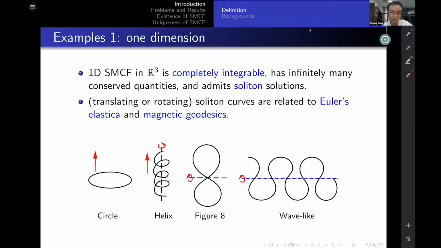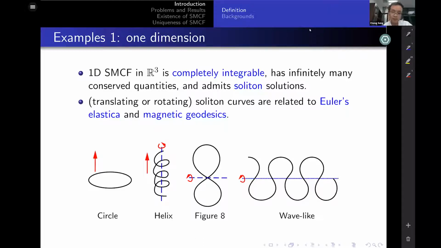The first one is a circle, which is a translating soliton, and the helix is also translating, and the other two are rotating. They will rotate along the axis. The figure 8 is a closed one, and the wave-like one is not closed.